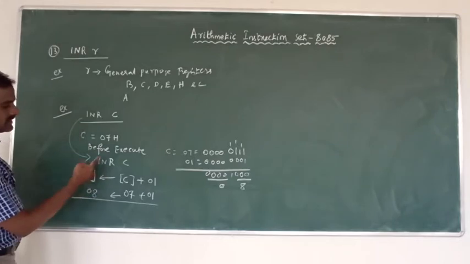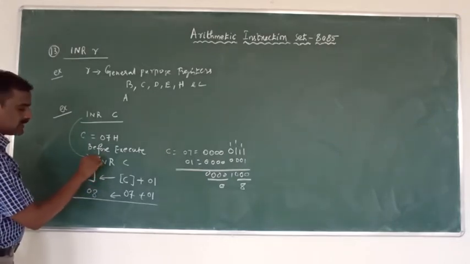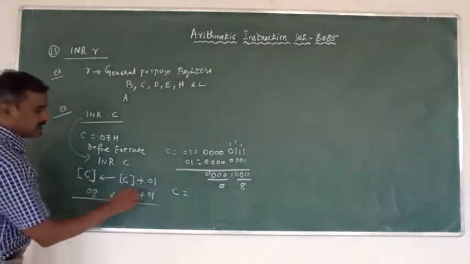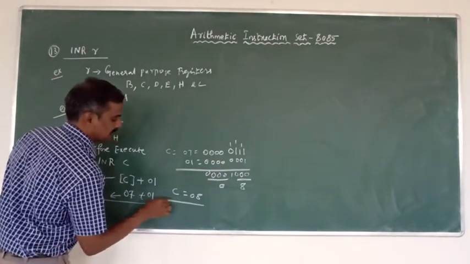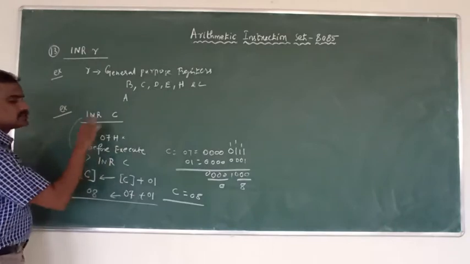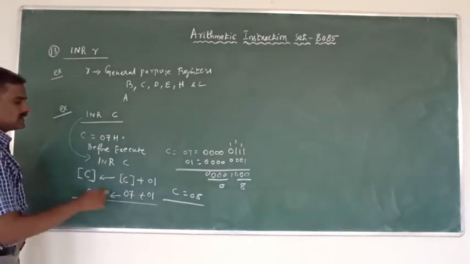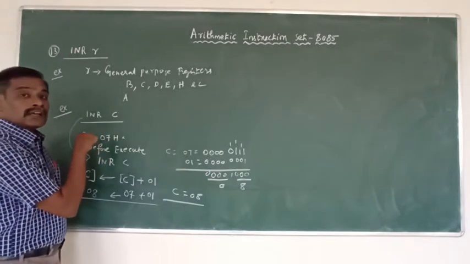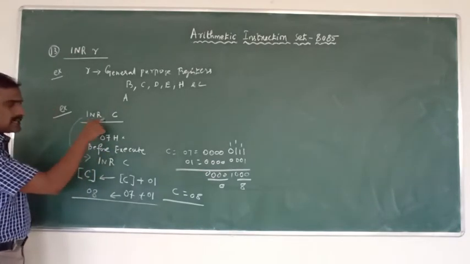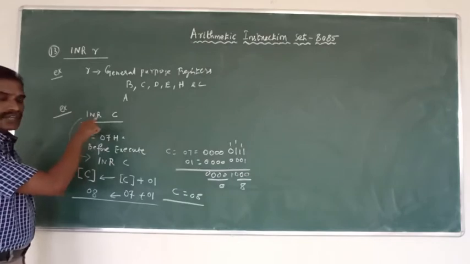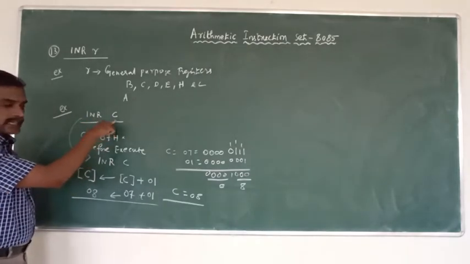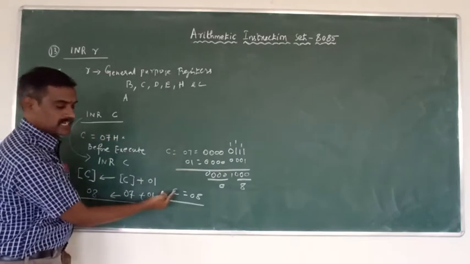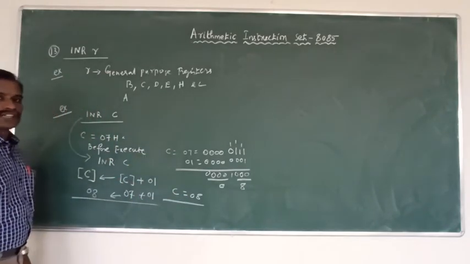After this instruction executes, the C register will have 08 instead of 07. Here C equals 07 before execution. After the INR C instruction executes, it increments the C register content single time. Now C equals 08.